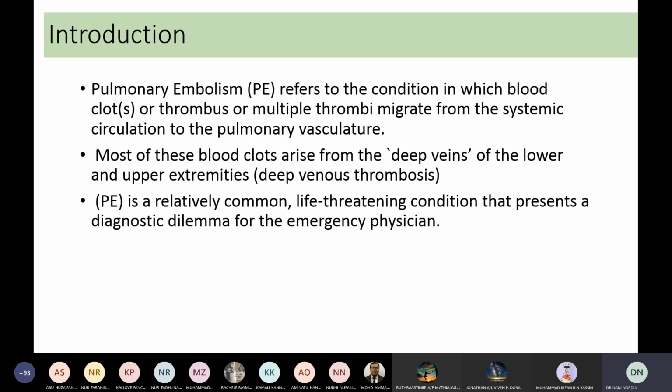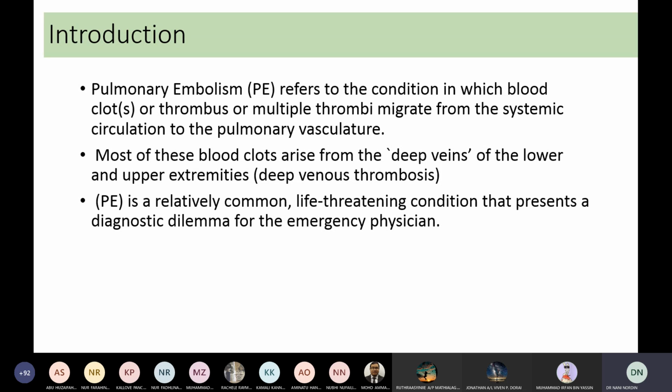So it is actually relatively common. We do see pulmonary embolism from time to time. It is a relatively common condition, but it can be easily missed in real life. It is probably more than what we've seen.